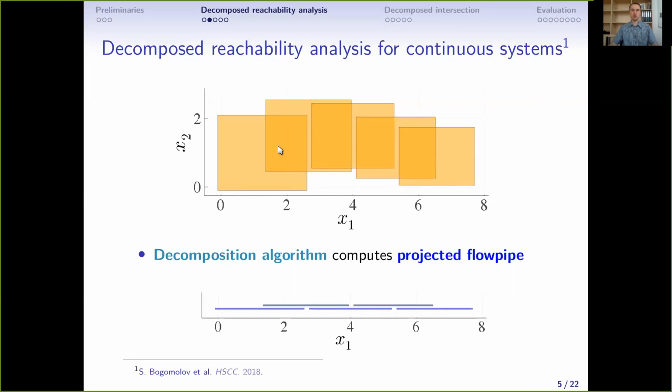So instead of computing this 2-dimensional flow pipe, we can efficiently compute the projection to 1 dimension, or in general to a lower number of dimensions. So let's say to the x1 dimension, then we get these projections or intervals.